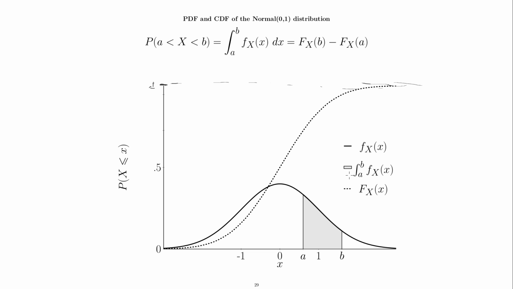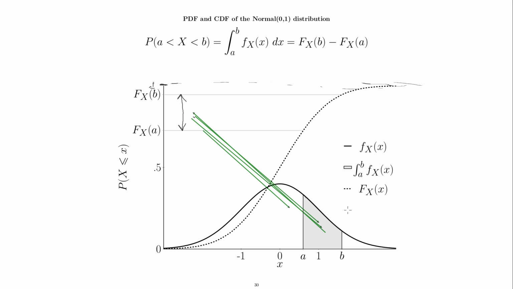So here's our integral. We just add all of this area up. And here's the equivalent here. And essentially, calculus tells us, because we know that this is an integration that's going on, that these two things are equivalent to each other.